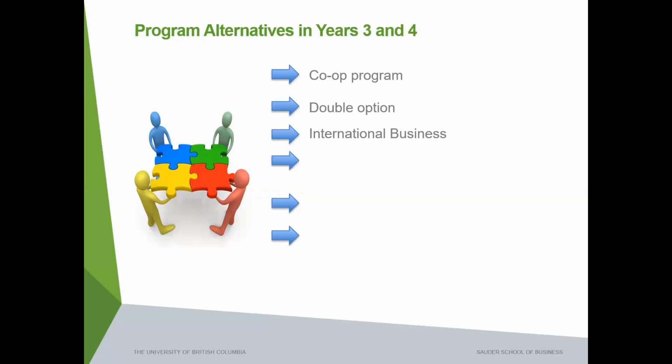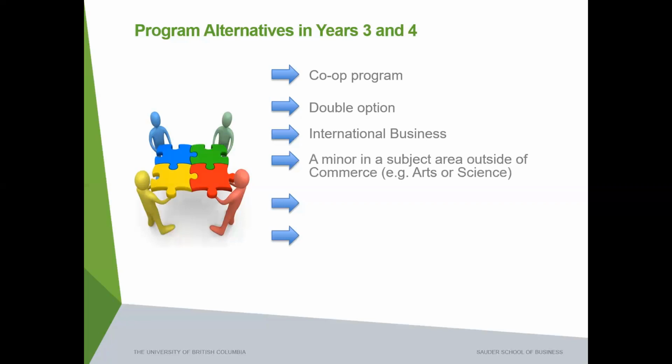If you're wanting to do the international business option, I would recommend that you submit your application as soon as possible. I think the deadline was February of 2020, but we will still accept late applications to the option. The concentration, though, you don't need to worry about applying to that.